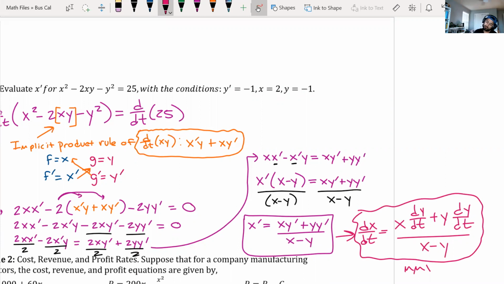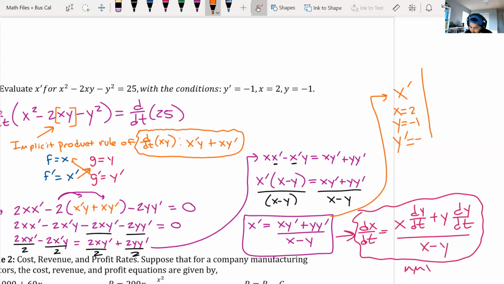Okay, so let's go ahead and evaluate this. Let's say x prime evaluated when x is 2, y is -1, and y prime is -1 as well.